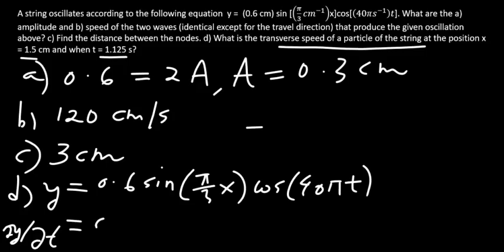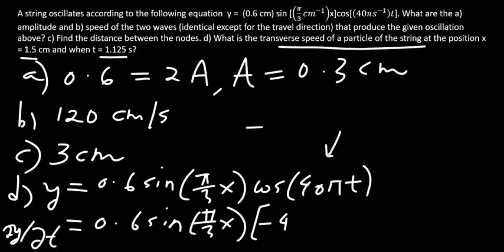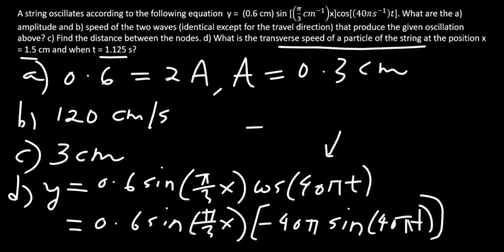The position part will just carry forward in the derivative. This one will become minus 40 pi sine(40 pi t). So that is the expression for the transverse speed, del y del t.